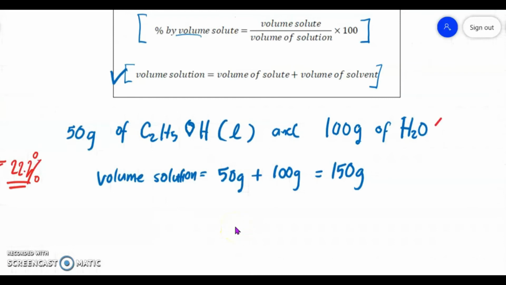Take note that both are actually in liquid form. The ethanol is in liquid phase, and the water is of course in liquid phase.